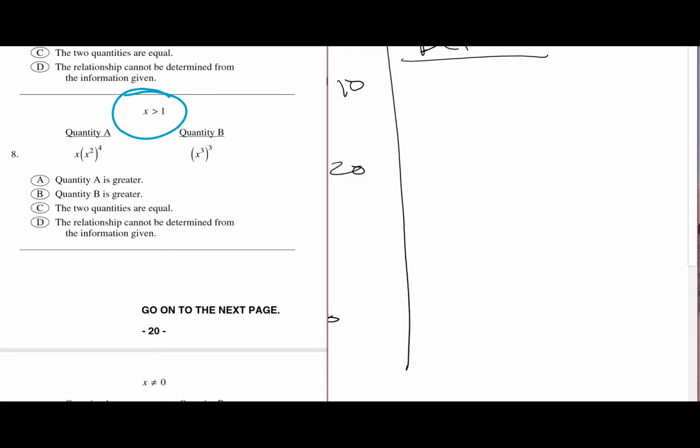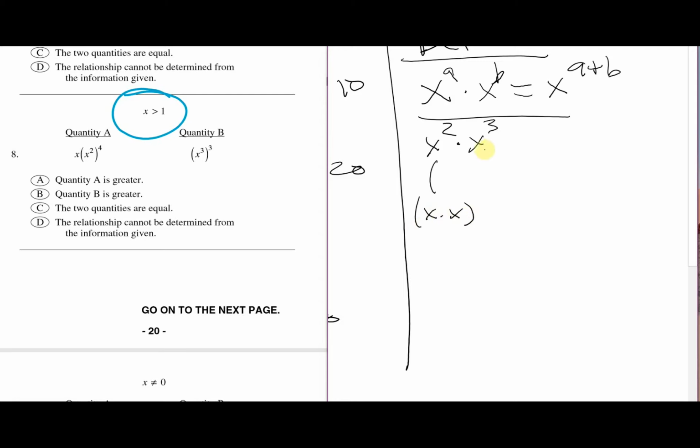So to start off, if you take x to the a times x to the b, this is equal to x to the a plus b. The reason for this is, let's say we have the example x squared times x cubed. This means we have x multiplied twice. This means we have x multiplied 3 times.